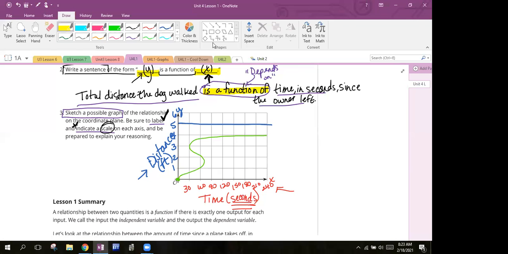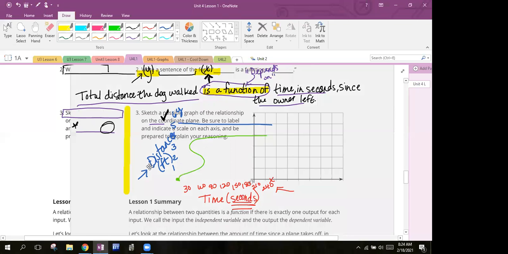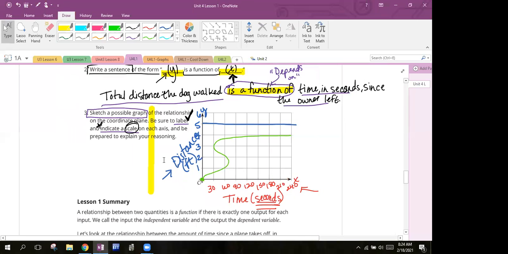Okay, if I were to get my vertical line test and I were to drag it across this line, then right there, when my pencil was on that graph, I could see that right there, and right there are all touching my vertical line, meaning that at about 45 seconds, the dog was simultaneously 1 foot, 2.5, and 3.5 feet away from where he started.